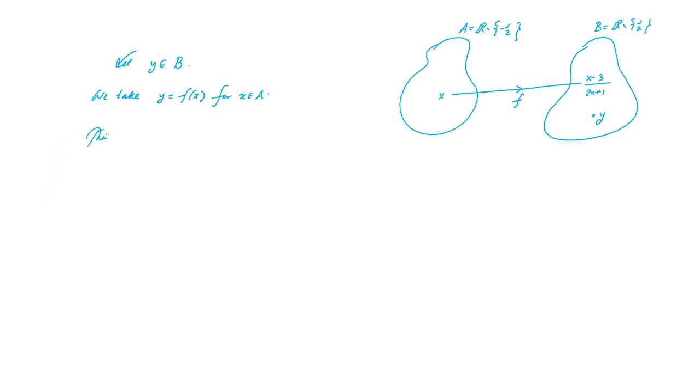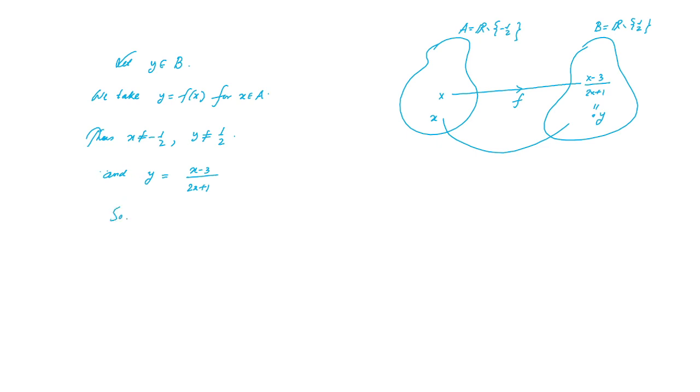Thus x belongs to A, so x is not equal to minus half, and y belongs to B, so y must not equal half. And y will be x minus 3 by 2x plus 1.